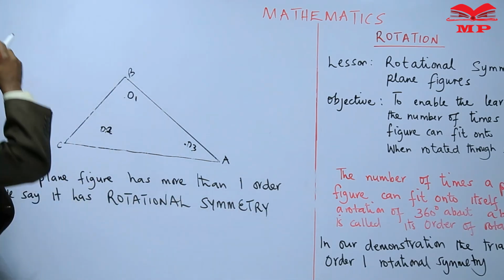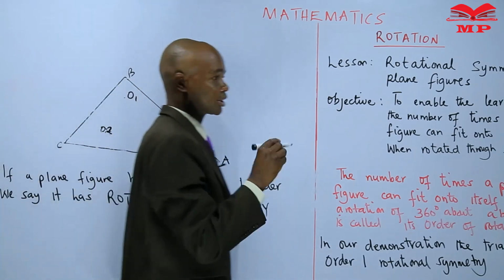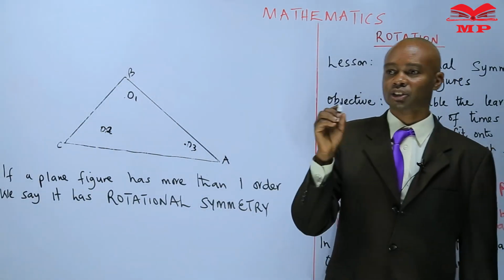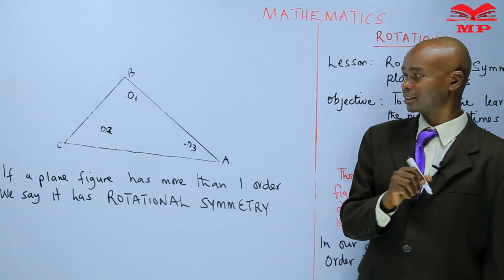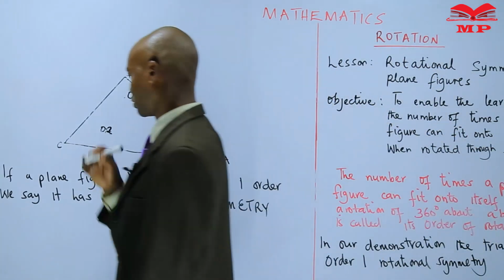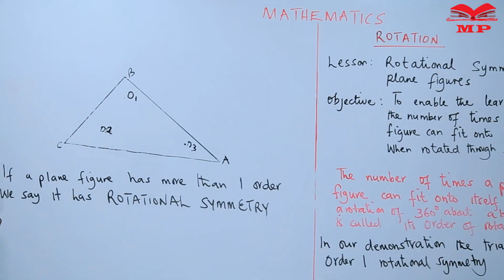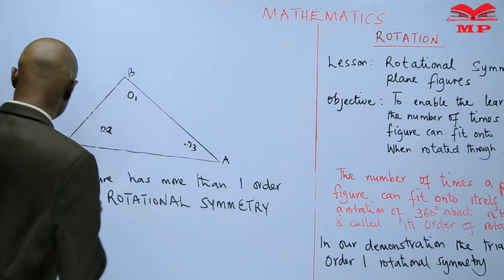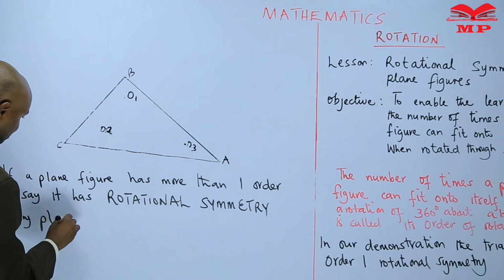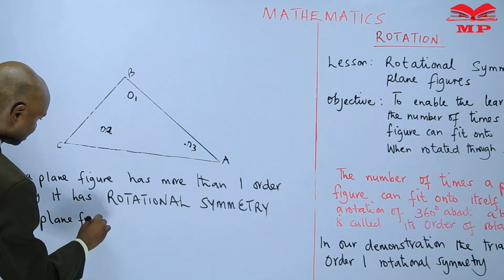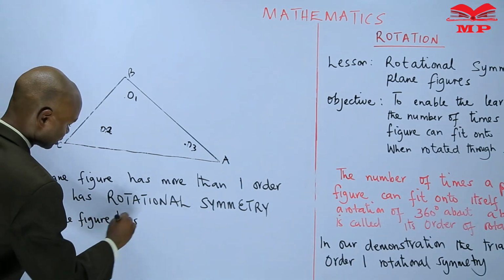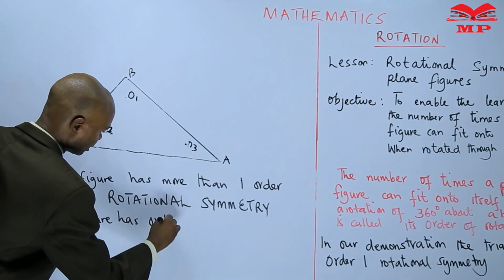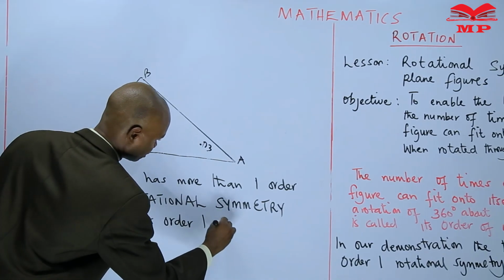And there is one conclusion we also make. Every plane figure has order 1 rotational symmetry, whether it is oblique, skewed, any shape.